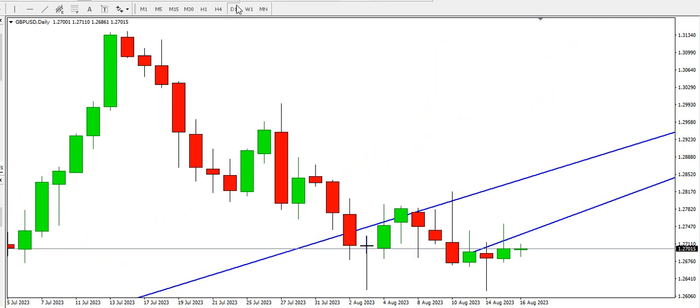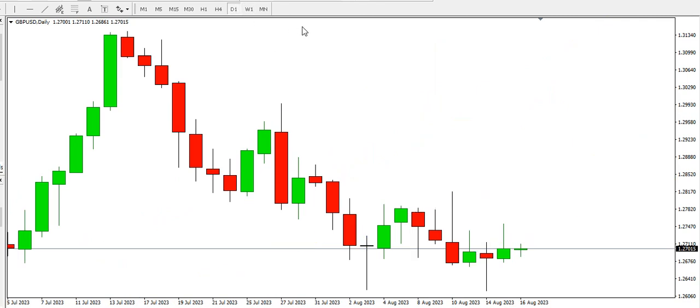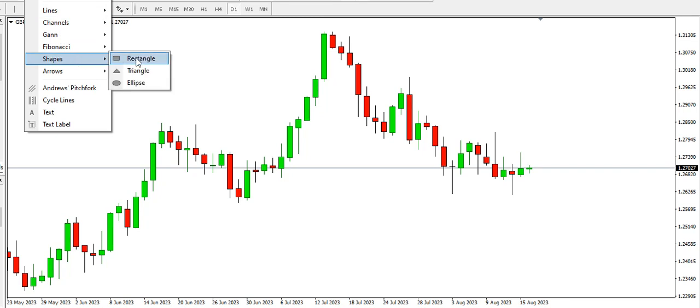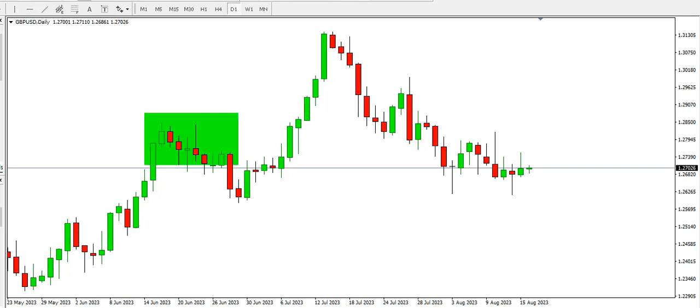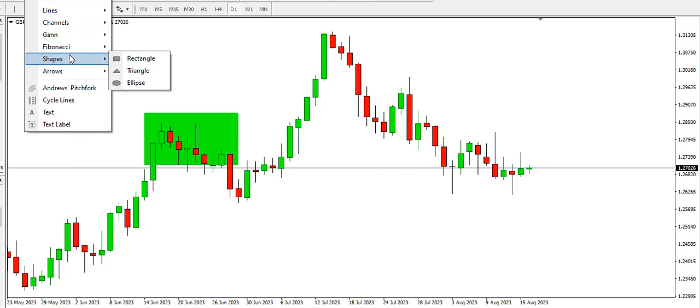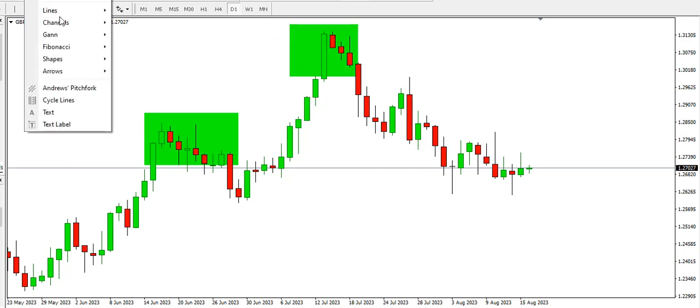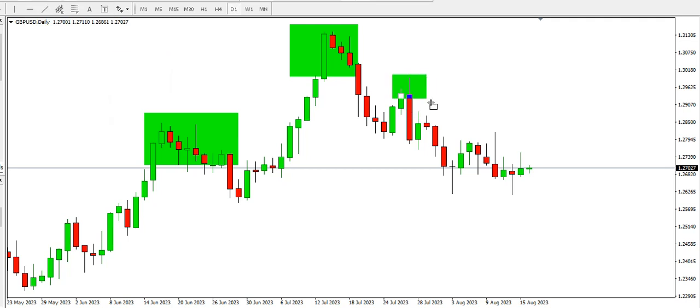On the daily time frame, what do we have? Price of GBPUSD. We might take this as the left shoulder, this as the head, and this is our right shoulder, and of course with the break of the neckline, price might likely drop.